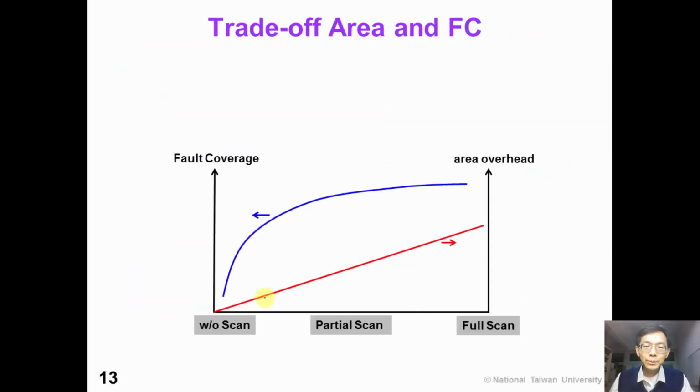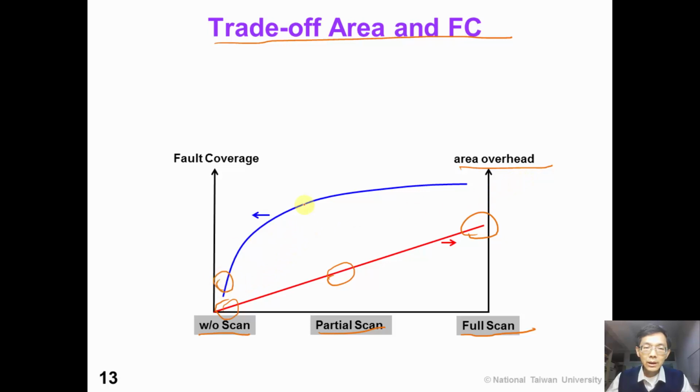This conceptual picture shows the trade-off between area and fault coverage. From the left to the right, we increase the portion of scannable flip-flops in the design. As we increase the scannable flip-flops, the area overhead would increase.